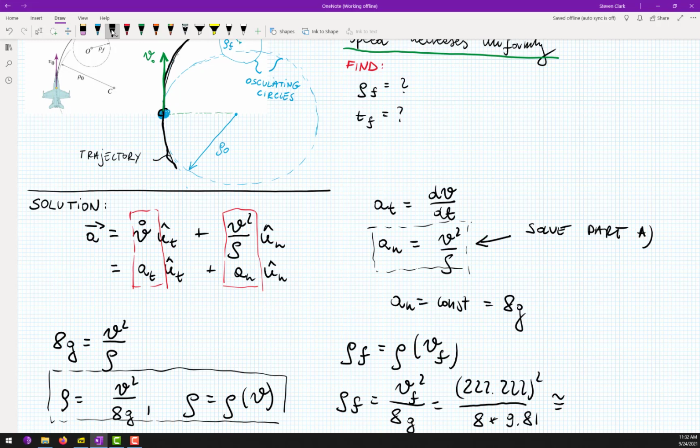Oh wow! I was solving this from memory, it looks like. Where are my solutions? Give me a second.